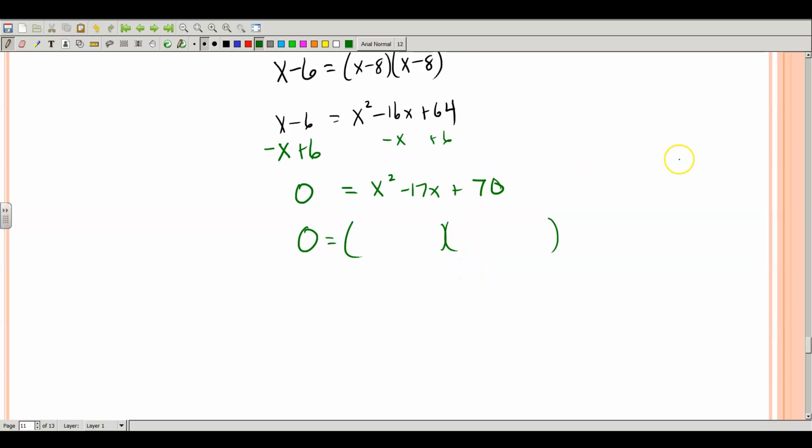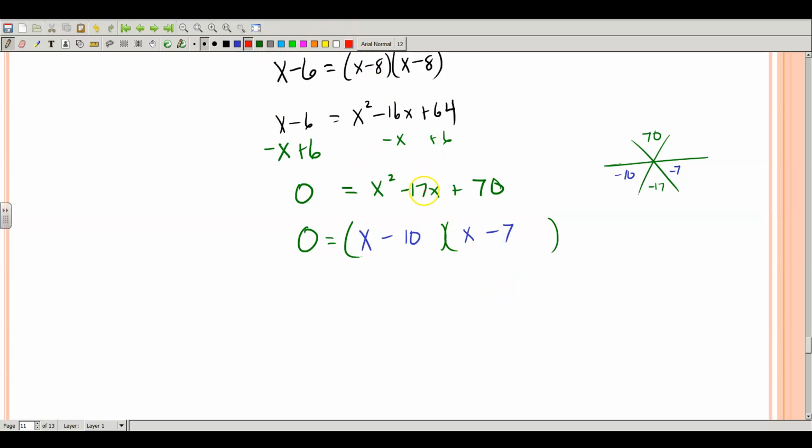The answer is 10 times 7, or negative 10 times negative 7 would do the trick there. So this factoring works out just fine. x minus 10 and x minus 7 is my factoring.